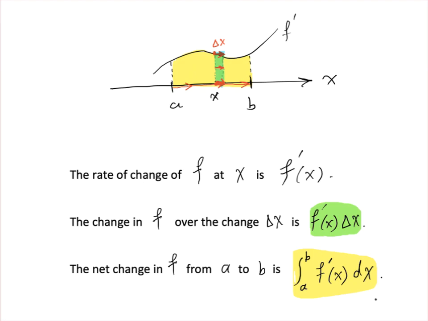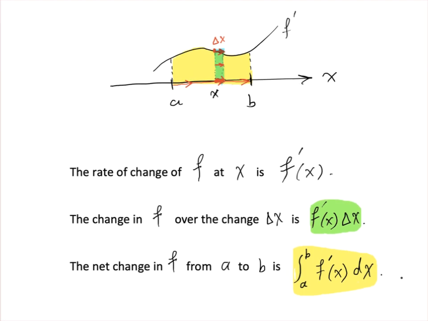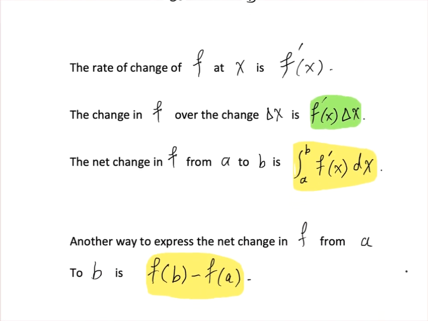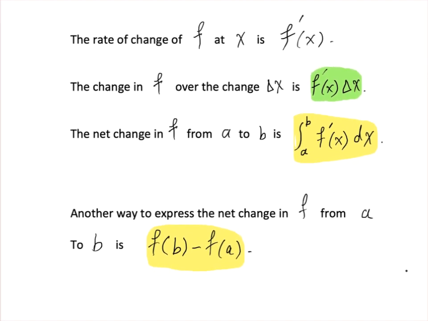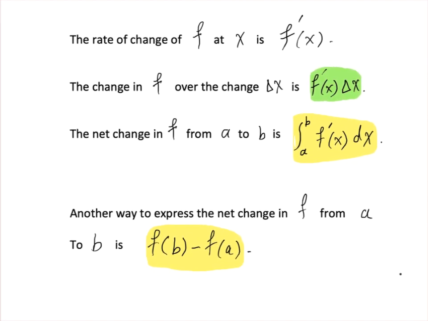So the net change of f from a to b is the integral from a to b of its rate function f prime dx.